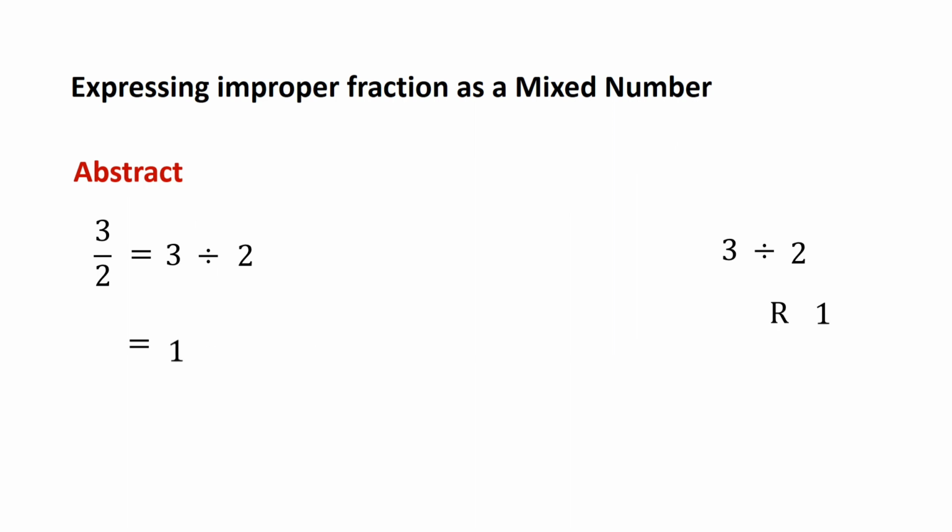The 1 represents 1 whole, and the other 1 represents the numerator, or 1 part of the fraction, and the number of parts in the fraction would be 2. So 3 halves would be equivalent to 1 1/2.